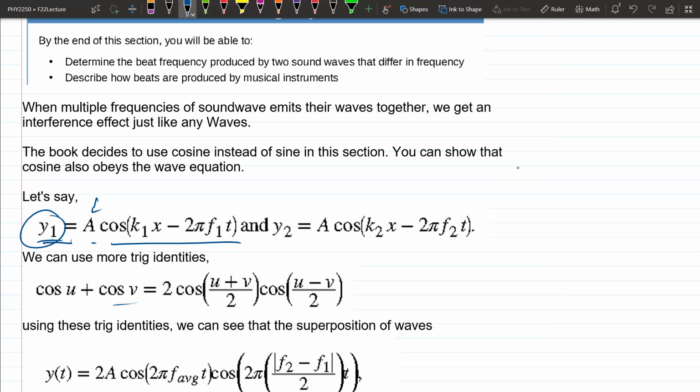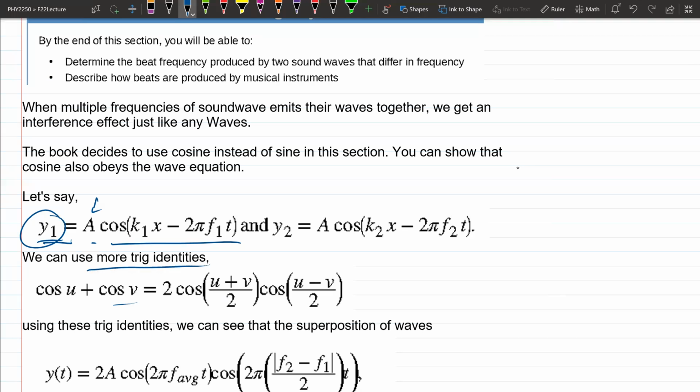Then we're going to superimpose, or interfere, these two waves with another wave called y2. It has the same amplitude, let's say, and it's cosine of k2, which is related to wavelength number 2, right? So it's a different wavelength and a different frequency. And that's what's actually important. In order for them to have this beat effect, they have to have a slightly different frequency.